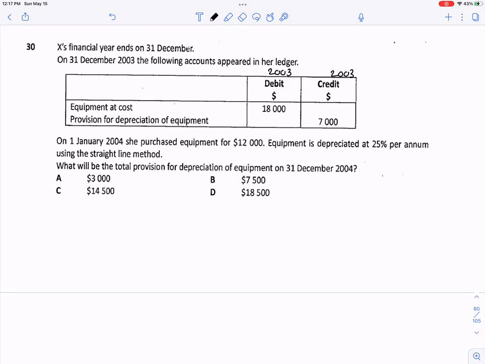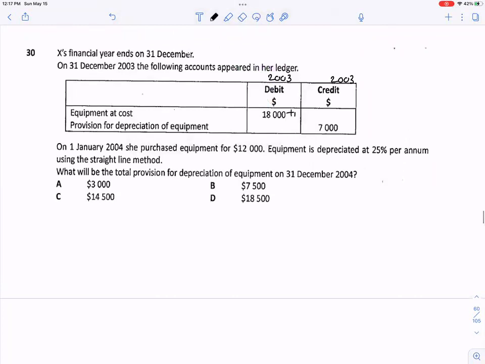In 2004, we had equipment and took a provision for depreciation. They purchased equipment of another 12,000 and it is straight line method. So what will be the current year depreciation? It would be 18,000 plus 12,000, the total equipment, that is 30,000 into 25%.